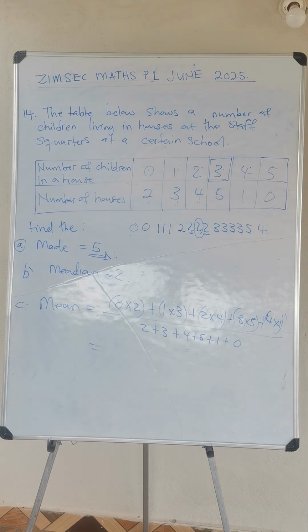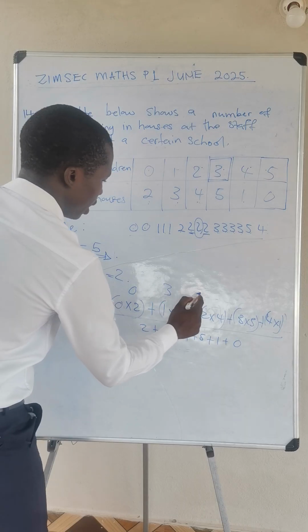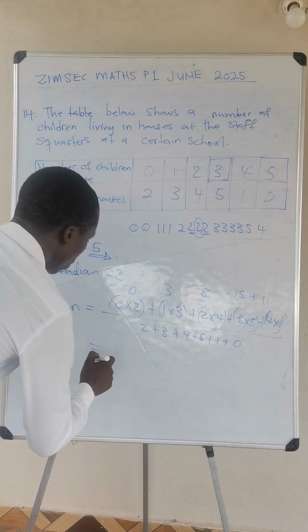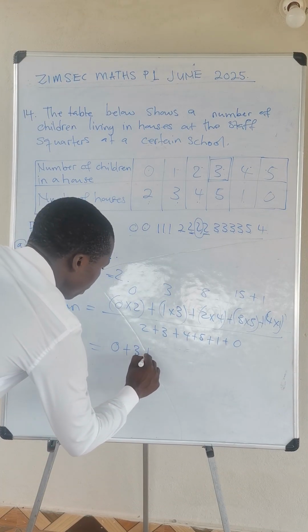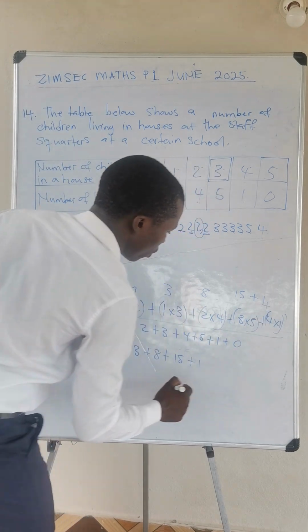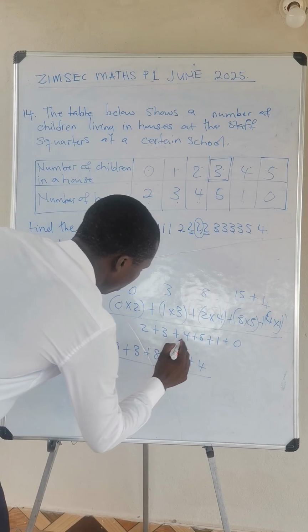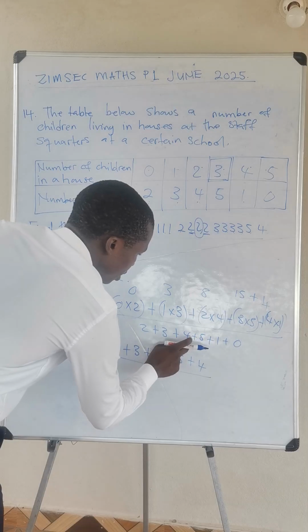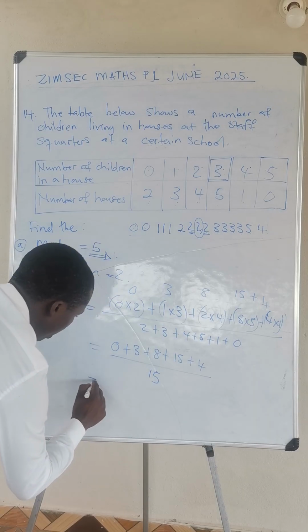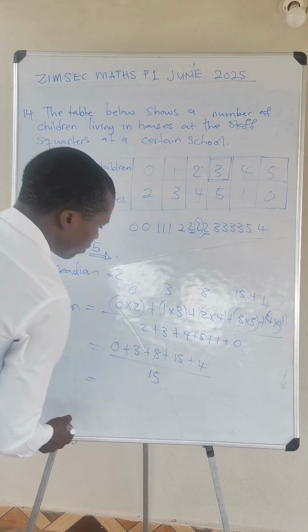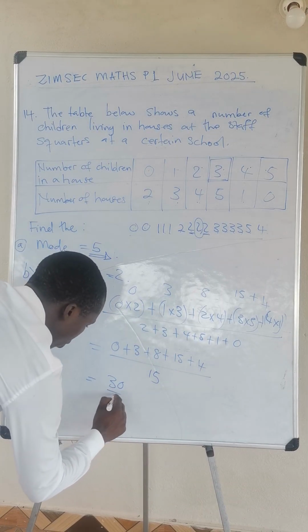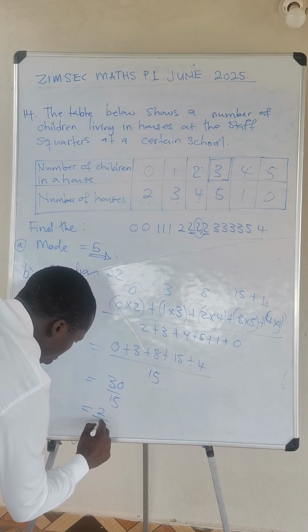It's equal to 0 plus 3 plus 8 plus 15 plus 4, all over 2 plus 3 is 5 plus 4 is 9 plus 5 is 14 plus 1 is 15. So it's equal to 3 plus 8 is 11 plus 15 is 26 plus 4 is 30. 30 over 15. Therefore our answer is equal to 2.